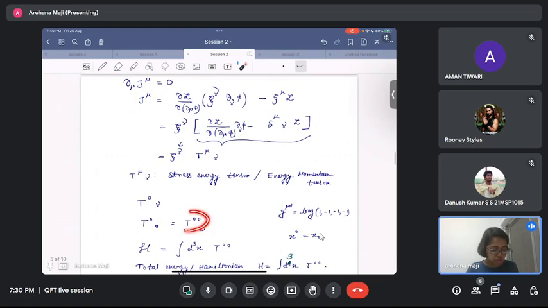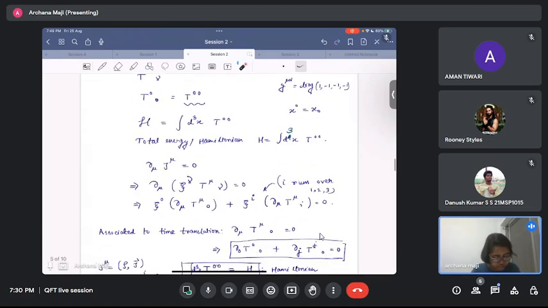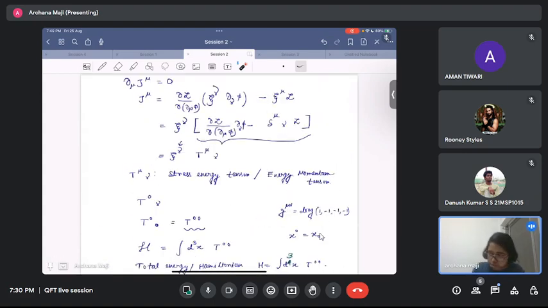T00 denotes the density, and when you integrate it over all space, you get the conserved charge, which is the energy. And you know the energy is the conserved charge corresponding to time translation. Did I answer your question? Likewise T0I is the conserved current, which we can also call the momentum density. When you integrate it over all space, you get the total momentum.